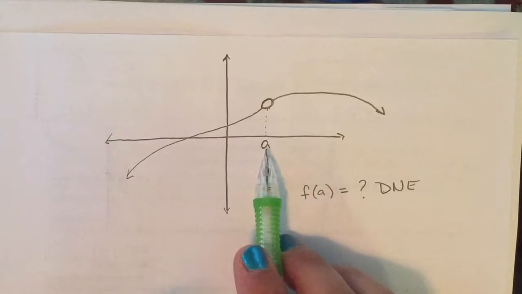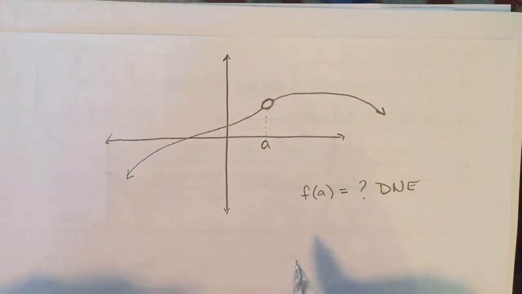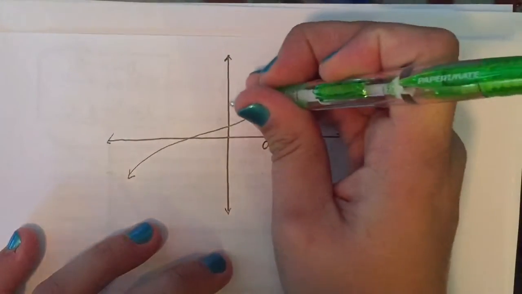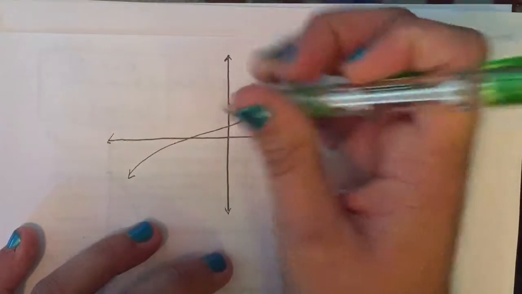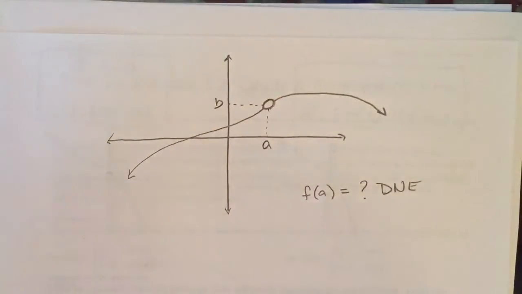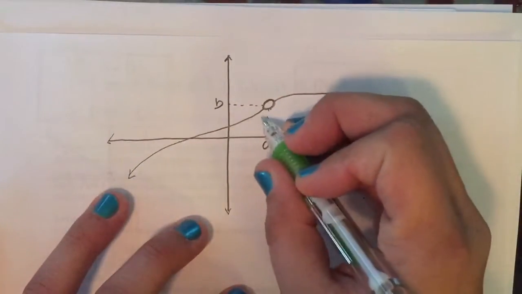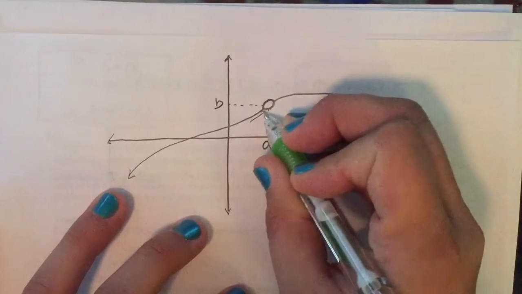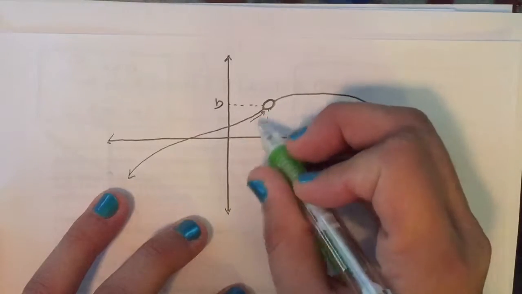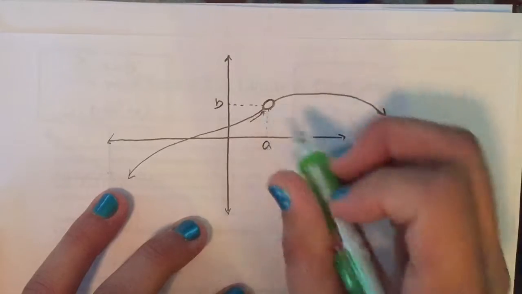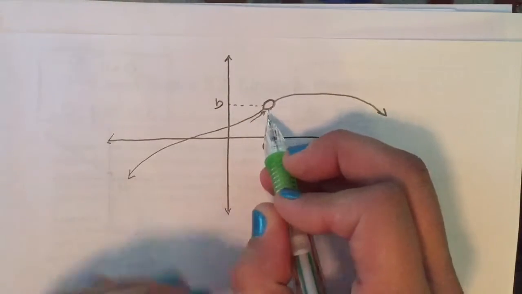But if we wanted to discuss what would happen at A if the function existed there and was continuous, that's what a limit is going to do. So if you look at this point, and let's say that this y value, just to keep it consistent, would be b. So as we're getting closer and closer to the x value of A, this function is getting closer and closer to what would be the y value of b.